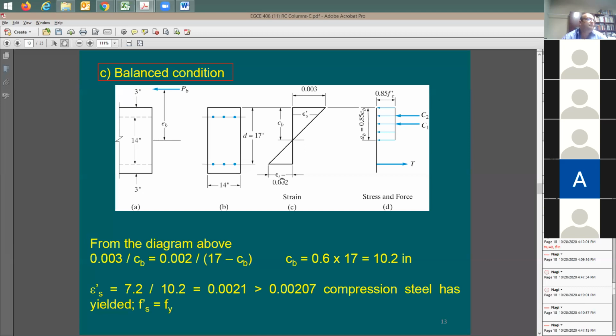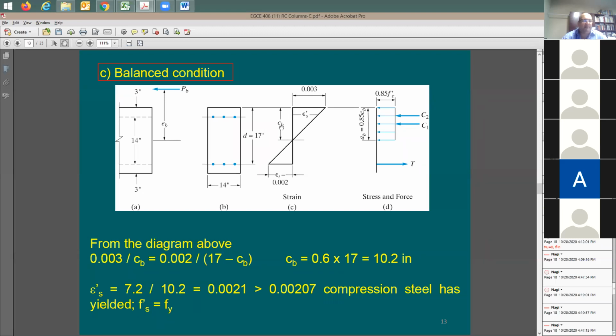Okay. I guess this problem should be so simple, because usually I used to say I don't have the strain in the steel, or I don't have this C. Now finding C is simple, because I have the total depth, which is 17 inch, the depth of the beam from the compression to the tension steel. On the top I have 0.003, at the bottom I have 0.002. It's so simple to find CB, because I can say 0.003 divided by CB. Why would you call it CB?